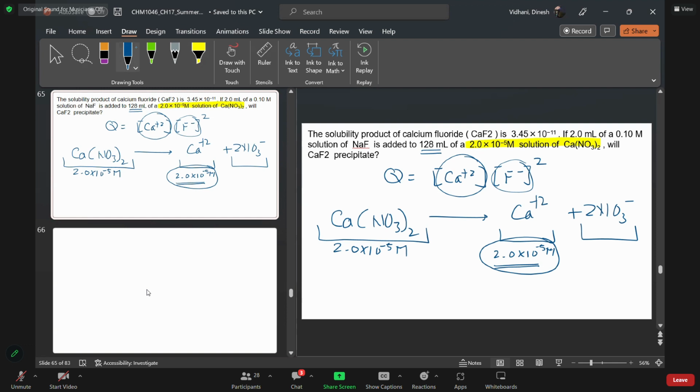Why do I need to do that? Because I'm adding 2 milliliters of sodium fluoride, so I'm increasing the volume by 2 mL. I need to account for the change in concentration of calcium ions because of the change in volume. So step number one, you need to convert the concentration into the actual number of moles. How do we do that?